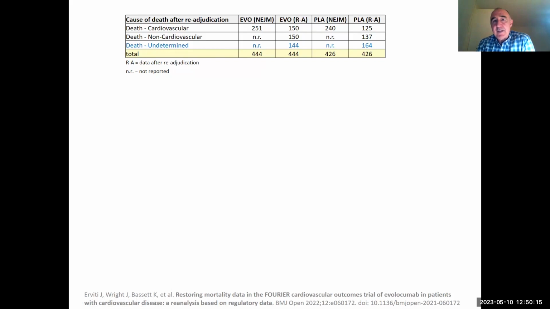But I never knew that as many as one third of deaths in the trial were undetermined. We have no idea about the cause of death of these patients.